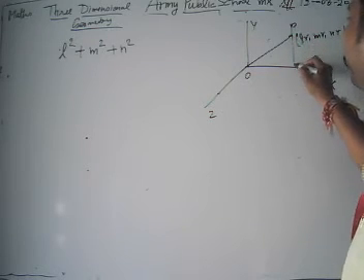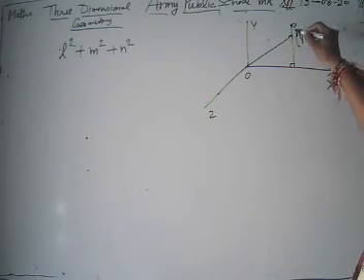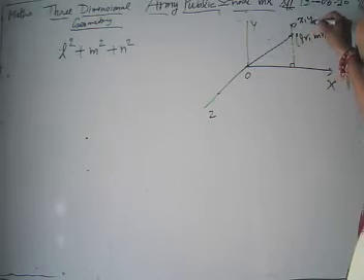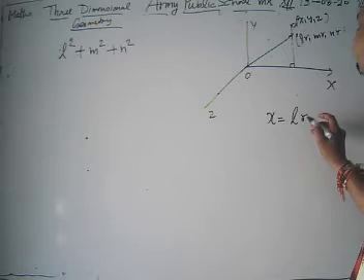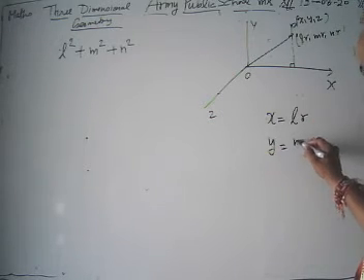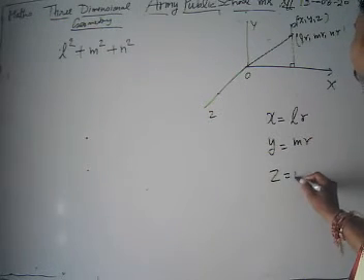If we draw perpendiculars on the axes, we get x as lr, y as mr, and z as nr.